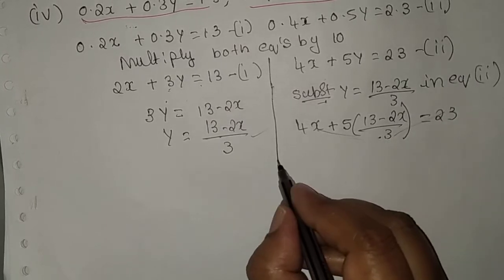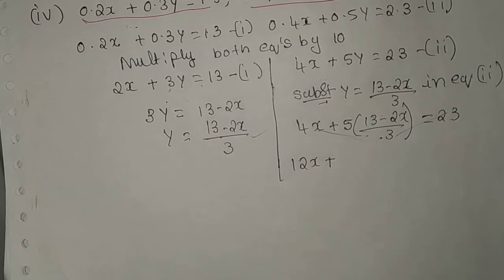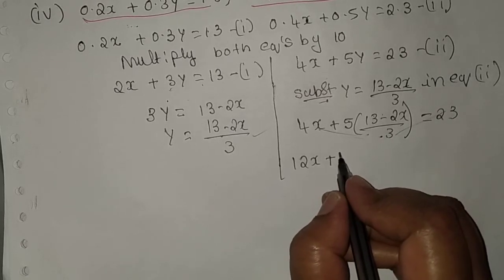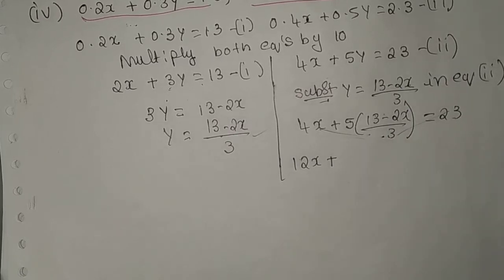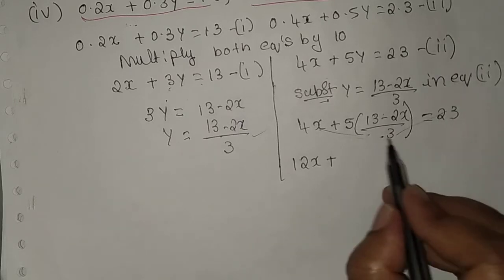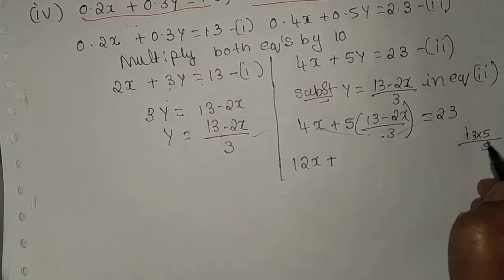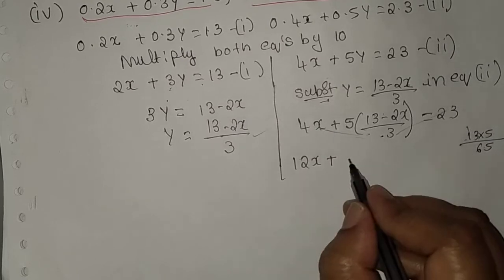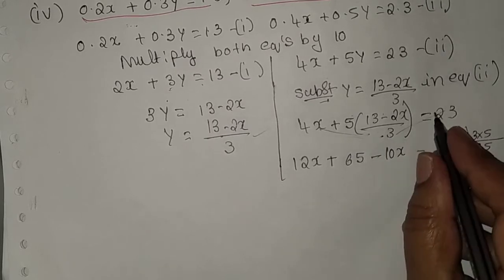So 4 3s are 12, this becomes 12x plus, bring 5 inside the bracket: 5 into 13, 5 3s are 15, 5 1s are 5, 65, minus 5 2s are 10, that is 10x, is equal to 23 into 3.